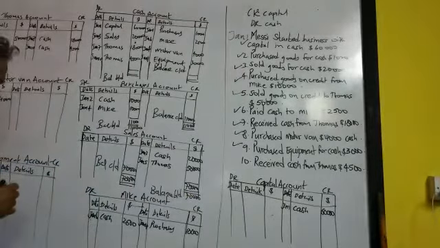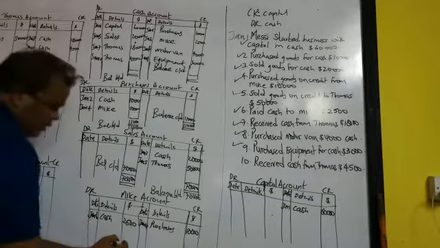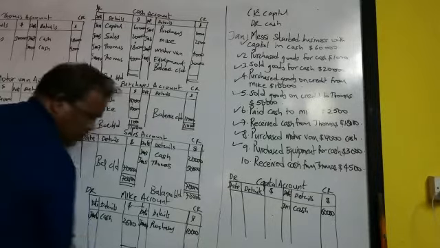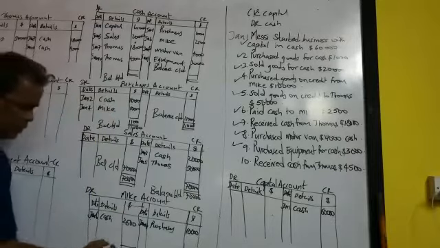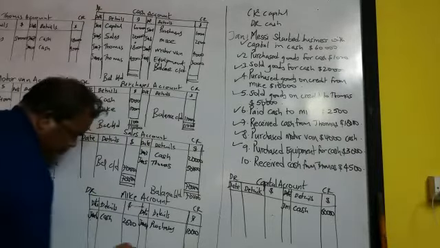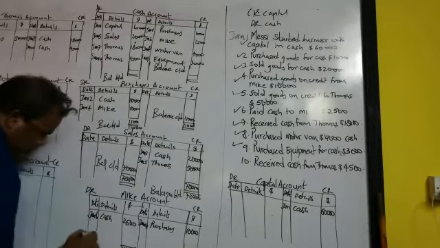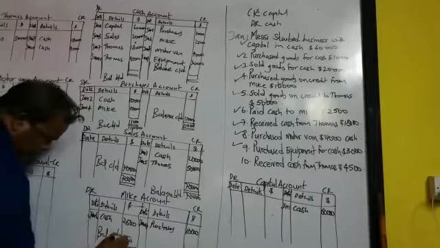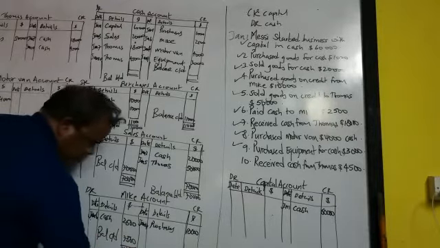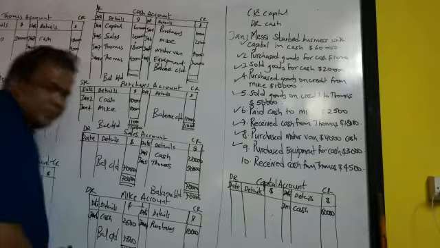So we have to close Mike account. On the debit side, the credit side is greater, 10 000 here, minus 2 500, leaves us 7 500, balance CD and balance BD, 7 500.